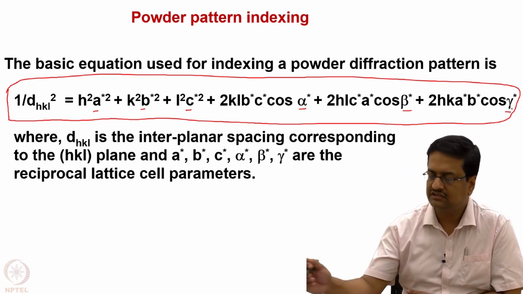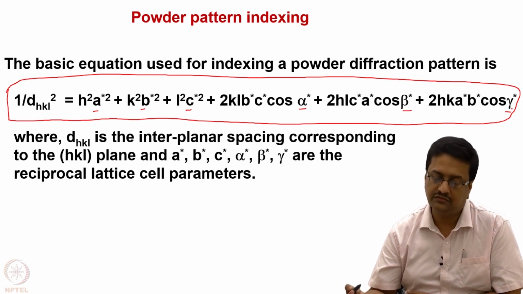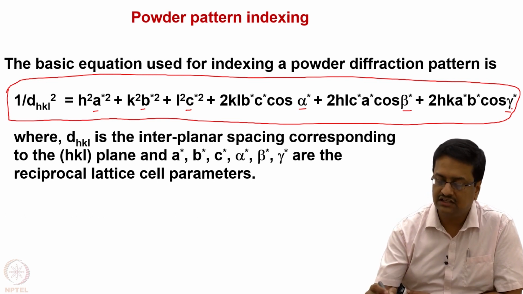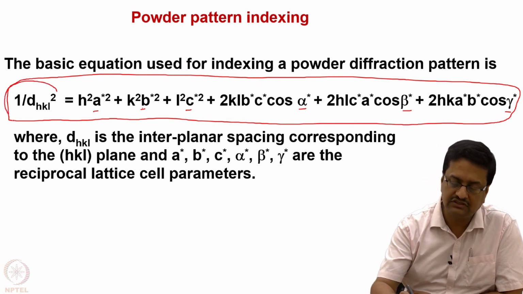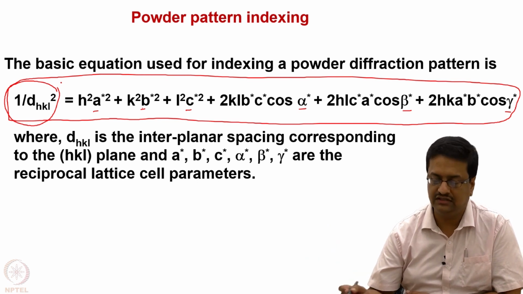You see, this equation is a cumbersome equation when it is for triclinic, and that is why we need a computer program to solve this equation for a large number of H, K and L with a, b and c as unknowns. What we have knowns are the corresponding d values and the 2 theta values where it is appearing.